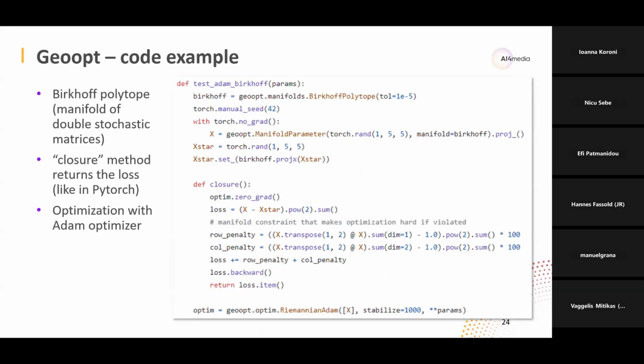Here is one code example where you're doing an optimization with Adam on the manifold of the double stochastic matrices, so on the Birkhoff polytope.